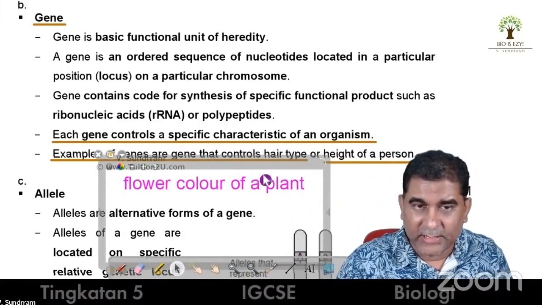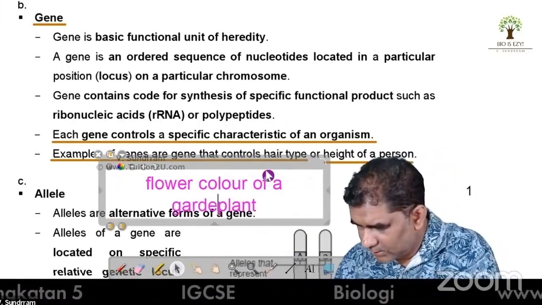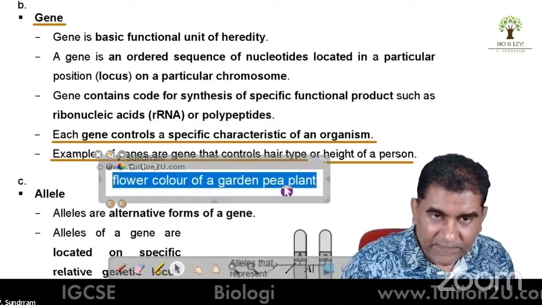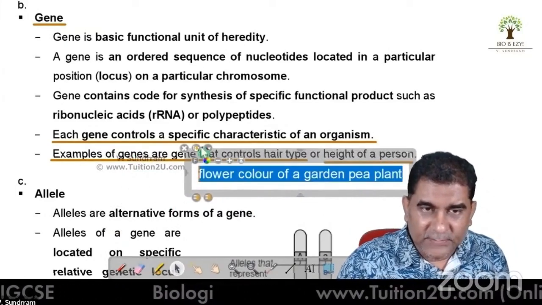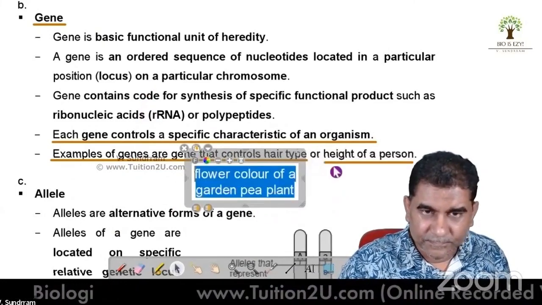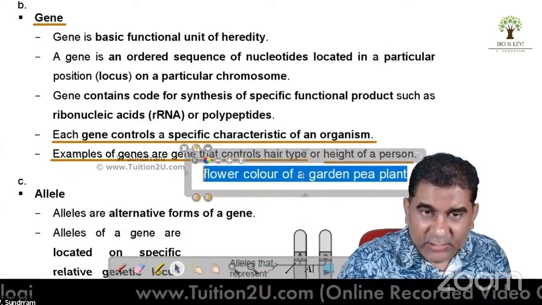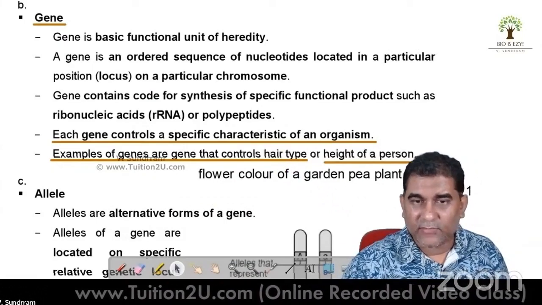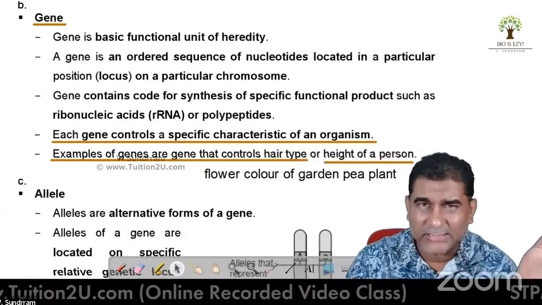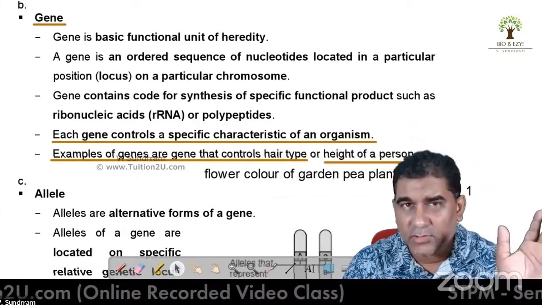You can make that garden pea plant. Okay, why garden pea plant? After this, you'll understand. So another example is flower color of garden pea plant. Gene that controls flower color of garden pea plant. Anything, you can use animal, you can use plant, your choice.